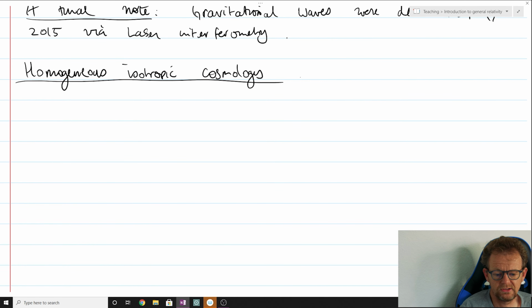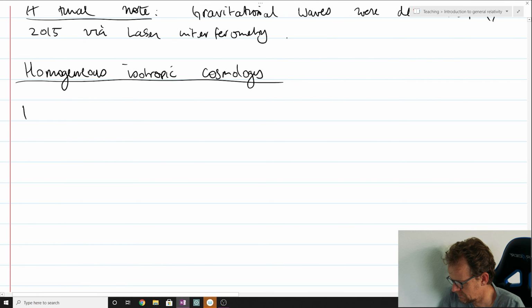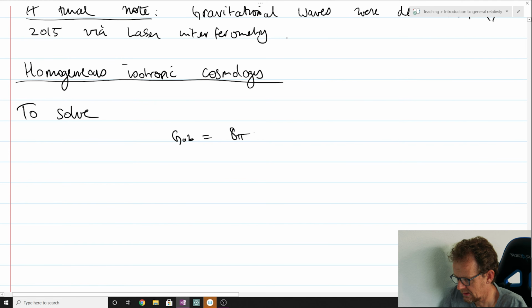of our universe, and this is impossible to do for an arbitrary matter distribution. However, what we can do to make progress is to assume a sufficiently homogeneous and isotropic distribution of matter. So that's the goal now, to solve Einstein's field equations, G_ab = 8 pi T_ab.